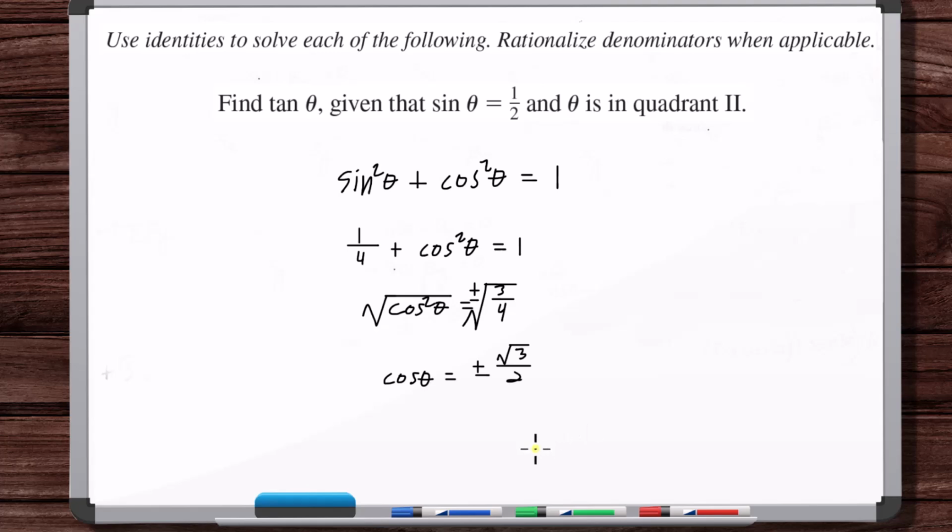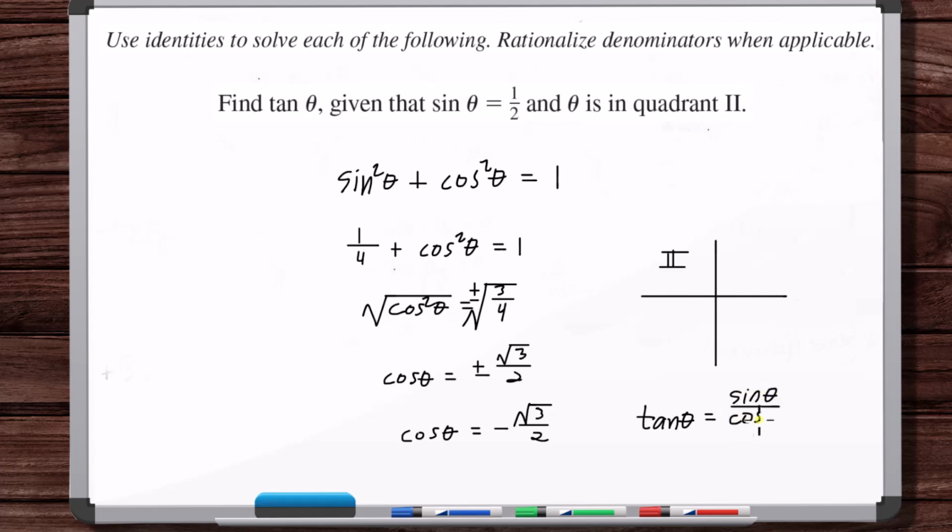But which one? We're in quadrant 2, so cosine is going to be negative. So we know that cosine theta is minus root 3 over 2. But we know that tangent theta, based on the quotient identity, is sine theta over cosine theta.